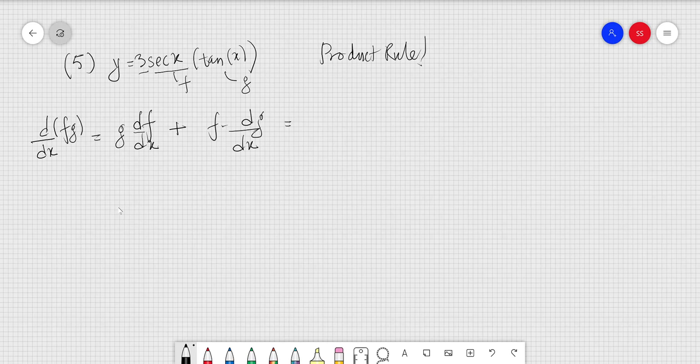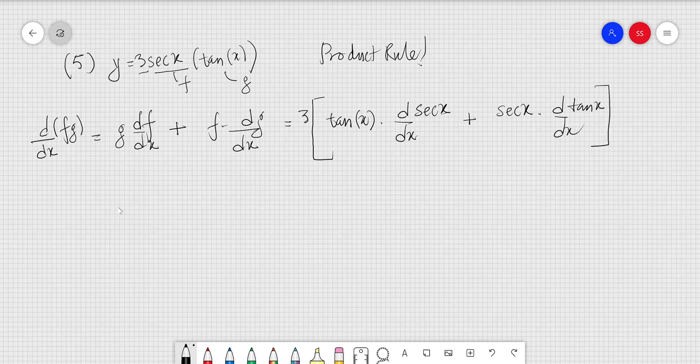Now substituting the values, let's put the constant outside. Then g is tan x, times the derivative of sec x with respect to x, plus sec x times the derivative of tan x with respect to x.